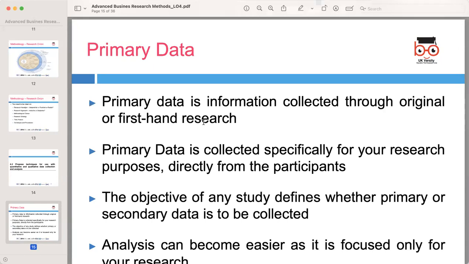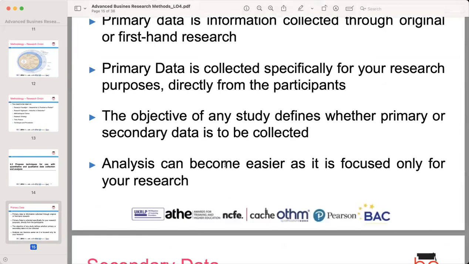To summarize, primary data is information that is gathered firsthand for your research purposes. It is collected directly from the participants and can provide unique insight into your specific research topic. By using primary data, you can focus your analysis on the most relevant information, making it easier to draw accurate conclusions.